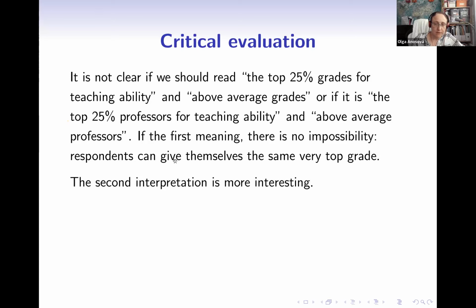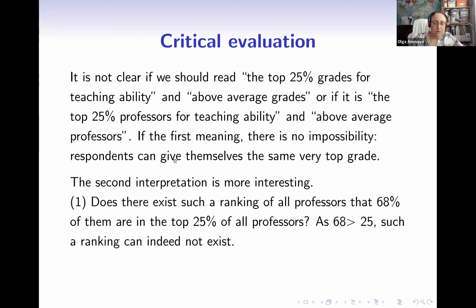This means that we can revert the initial problem in a more precise way. So rewording will be like that. Does there exist a ranking system of teaching abilities so that 68% are in the top 25%?